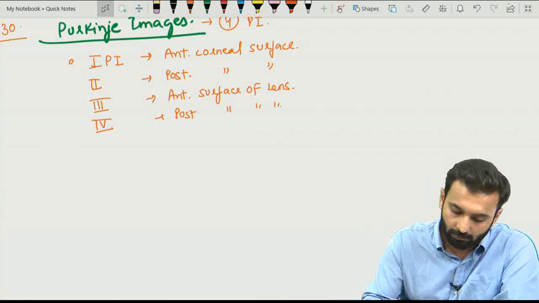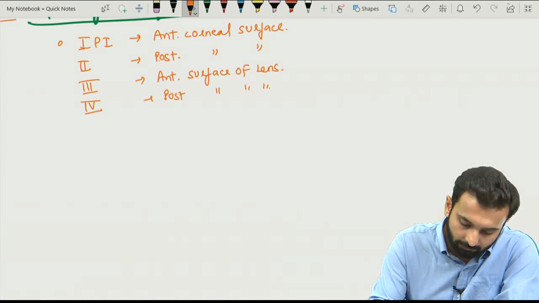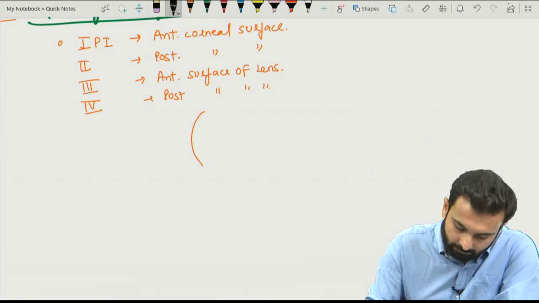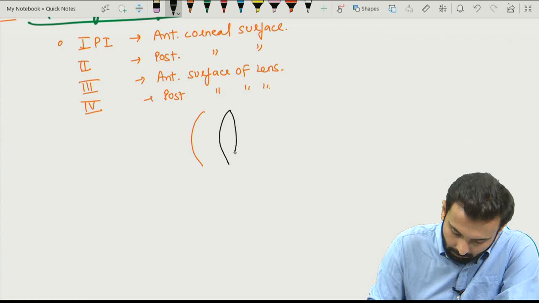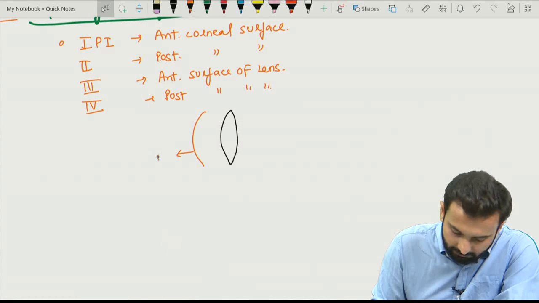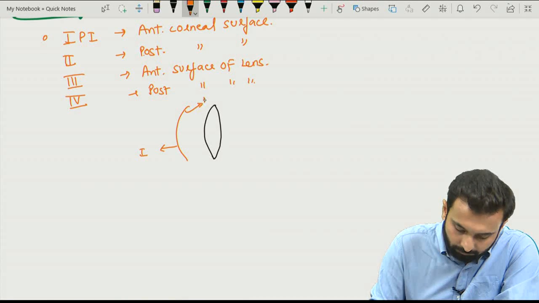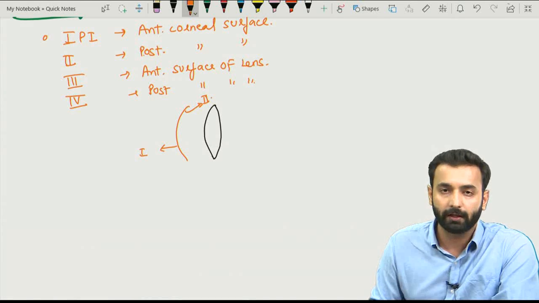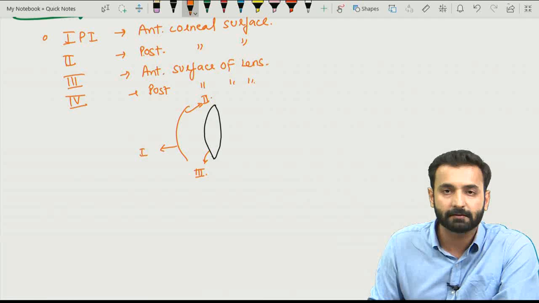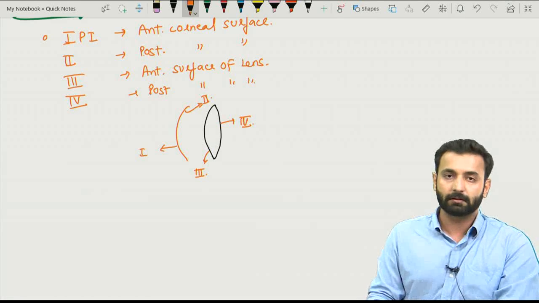Because of the opacity in the media, in the lens. So suppose this is the cornea and this is our lens, right? So the first image is seen at the anterior corneal surface, the second is seen at the posterior surface of the cornea, the third is formed at the anterior lens surface, and the fourth image is seen at the posterior lens surface.